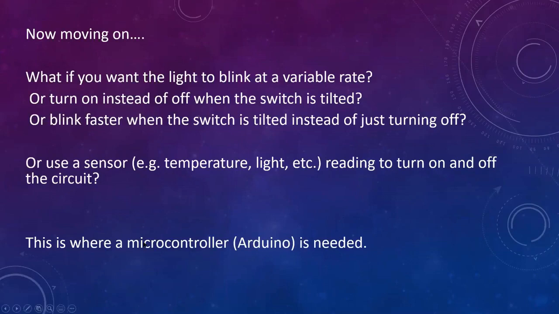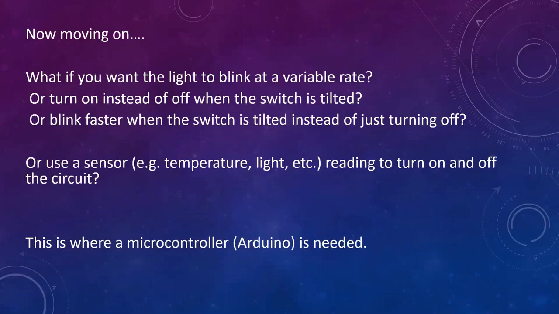So what we did was one of the most basic things you can do, turn a light on and off with a switch. But what if you wanted to have the light blink at a variable rate? Or what if you wanted to turn the light on when the switch was in its off tilted position? And what if you wanted to make the light blink faster when the tilt switch was tilted and slower when it was upright?